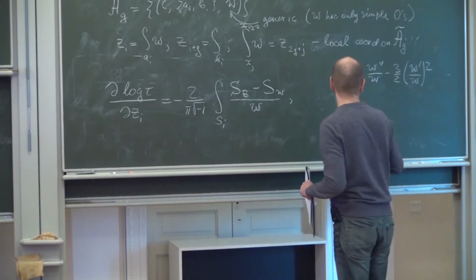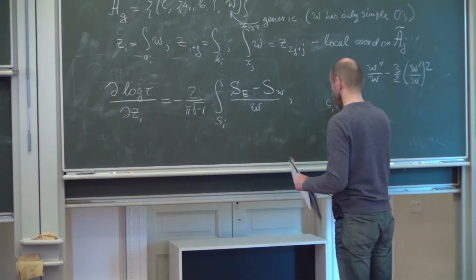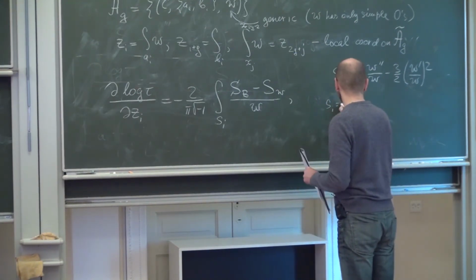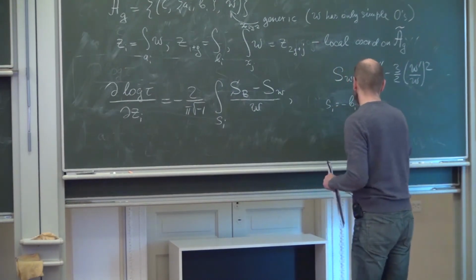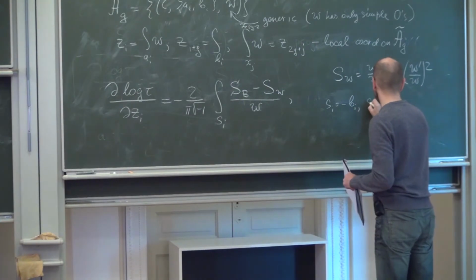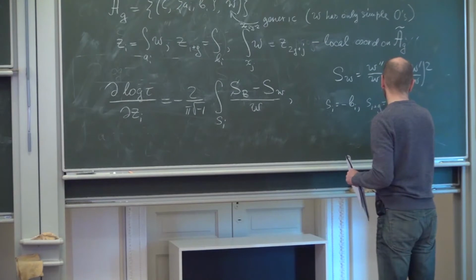And what are the s_i? The first g of them are just minus b_i's. The next g of them are a_i's.